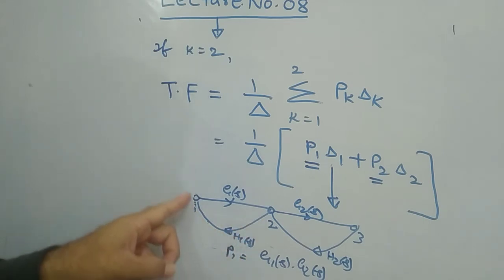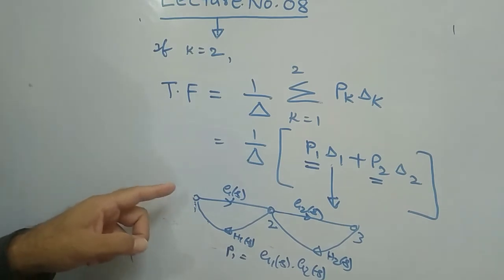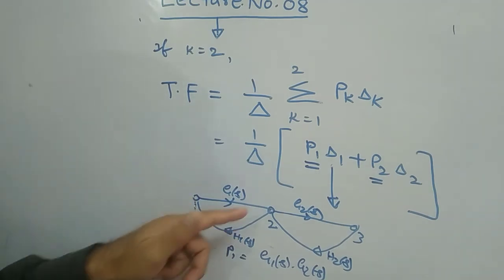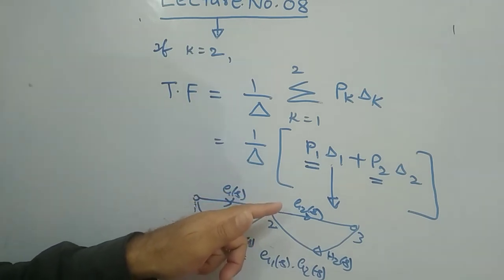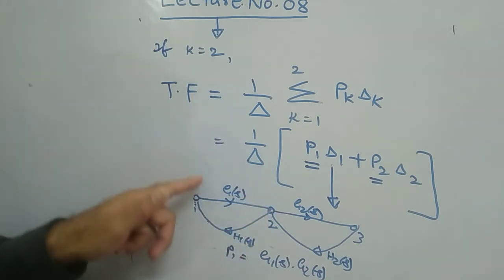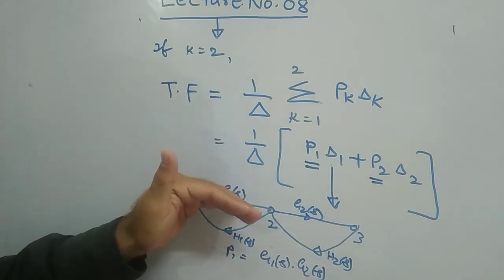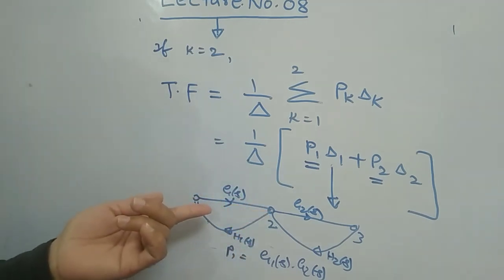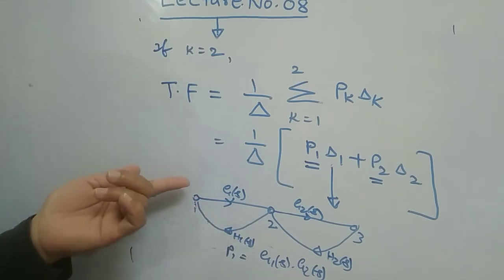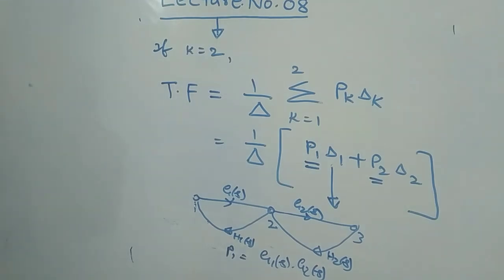If there is any closed loop which is touching the first forward path, then your delta 1 value is 1. Remember that. That is the meaning of it.